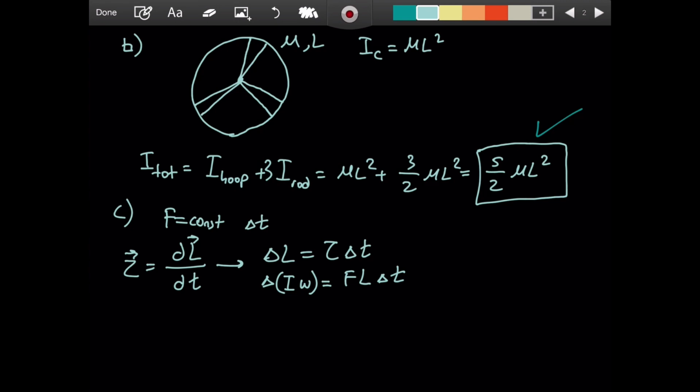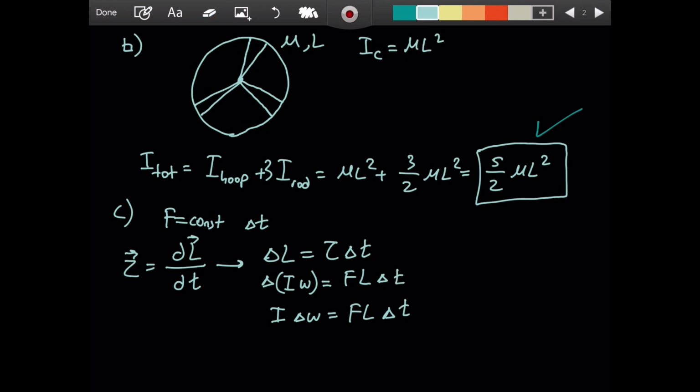Now, on the left part, we know that the moment of inertia of the system won't change when a force acts on it, so we can take it out of the delta. We have then I delta omega equaling FL delta t. Change in time, excuse me.